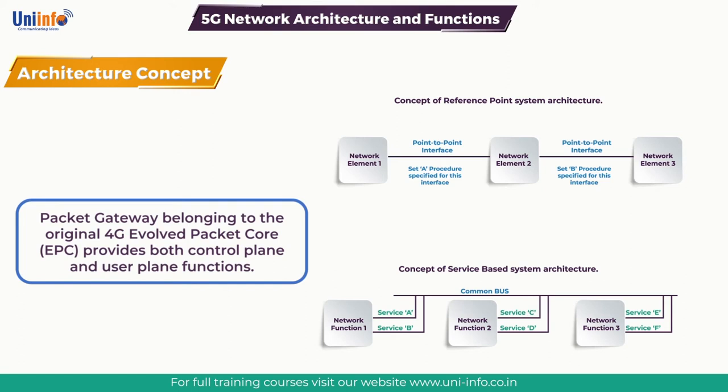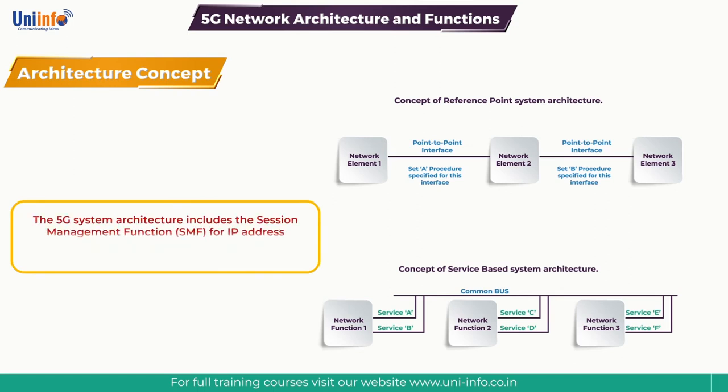For example, it provides the control plane function of IP address allocation and it provides the user plane function of packet forwarding. The 5G system architecture includes the session management function (SMF) for IP address allocation and the user plane function (UPF) for packet forwarding, that is, control plane and user plane functions are separated.